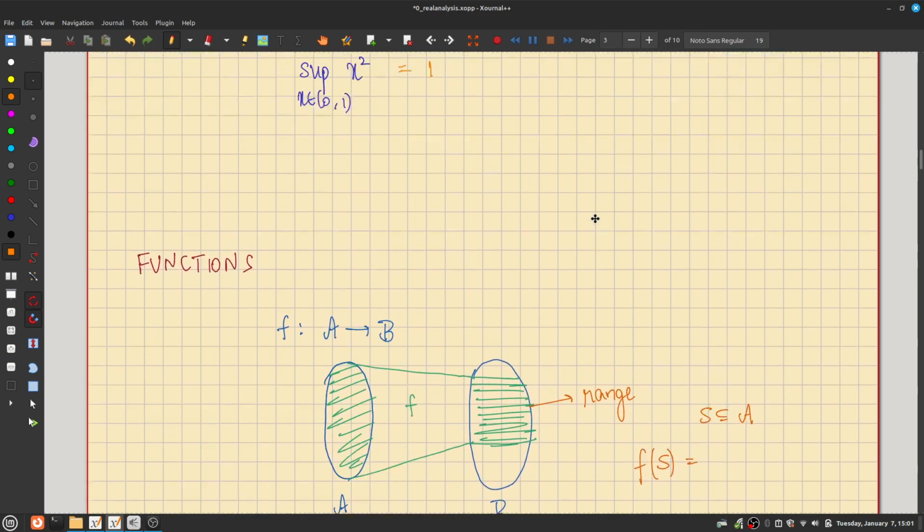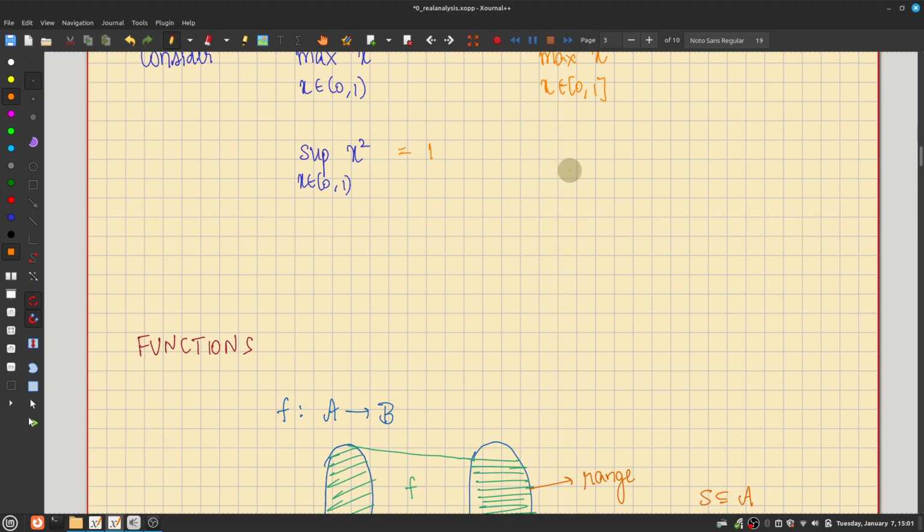Which is exactly why, if you recall, in the previous class, we defined an optimization problem to be minimizing some f0 of x subject to the constraints that fi of x was less than or equal to 0, for i equal to 1, 2, 3 up to m, and hi of x equal to 0 for i equal to 1, 2, 3 up to k.